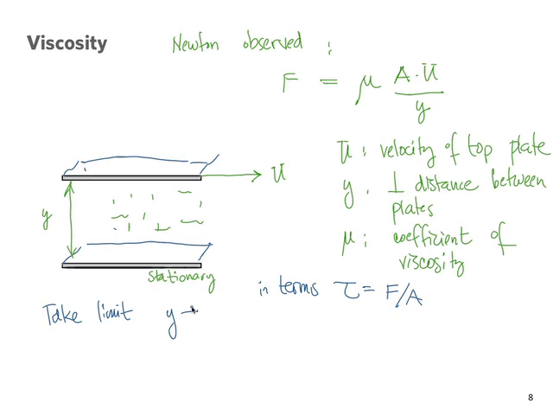So we take the limit and we write dy, and instead of capital U, we write small u, the velocity of any layer of fluid, and we write the following relationship, which is an experimental observation. The shear stress tau is equal to mu times du dy.